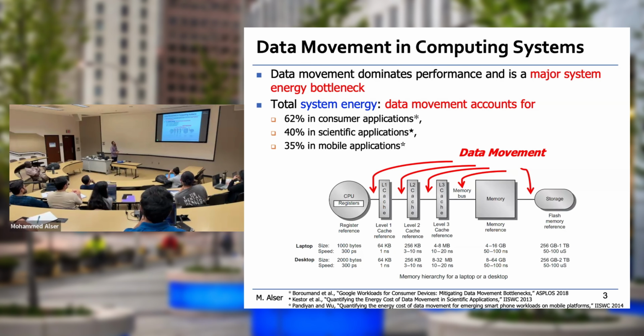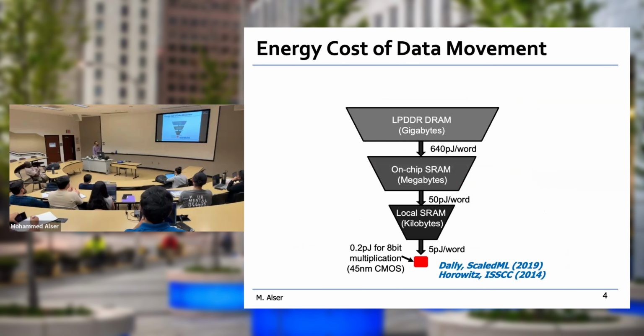They claim that about 62% of the total energy spent in today's computers is just data movement. As I said, those numbers differ, somewhere between 35 and 62, but can be more depending on the pattern of the application. If the application visits the memory very often, then that number increases.